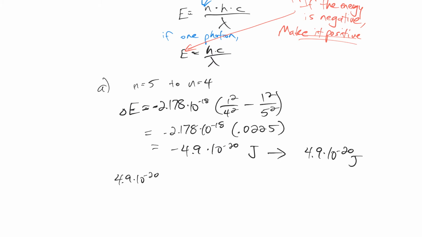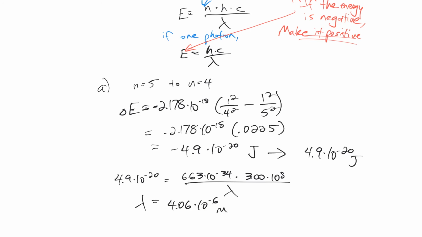So next equation, positive 4.9 times 10 to the negative 20th equals, since it's one photon, we'll just use Planck's constant, 6.63 times 10 to the negative 34th times the speed of light. We're solving for wavelength here. And when you crunch that, the wavelength works out to be something on the order of 10 to the negative 6th meters. The answer will come out in meters automatically. Now, WebAssign is asking for that answer to be stated in nanometers. Okay, that's easy enough.